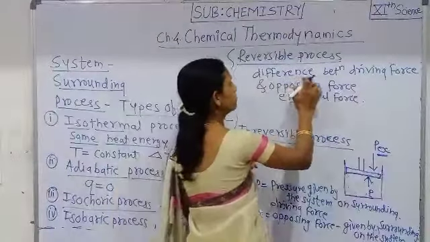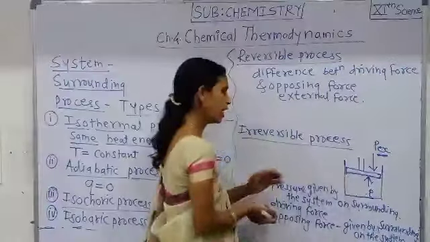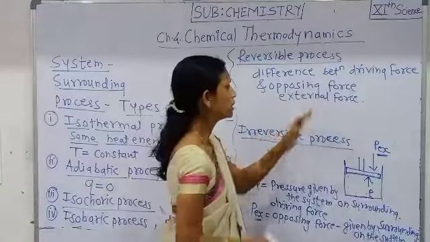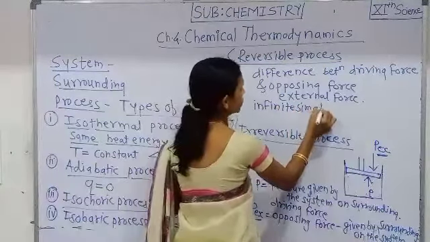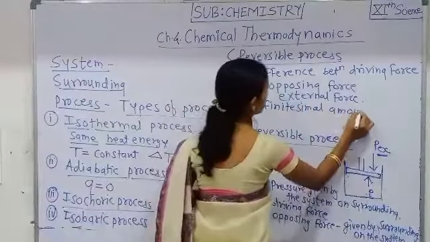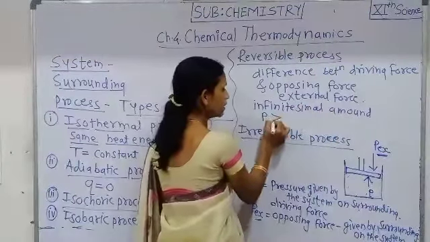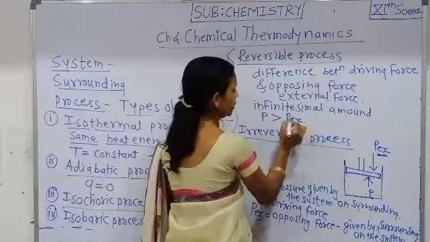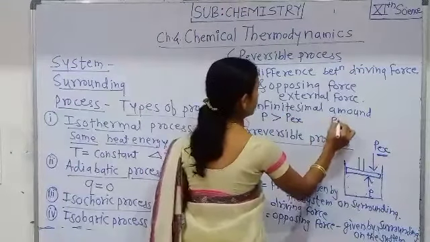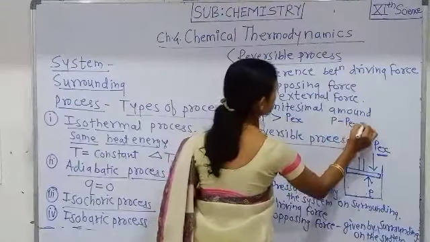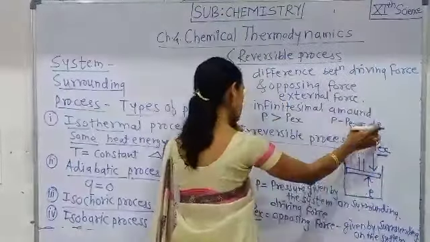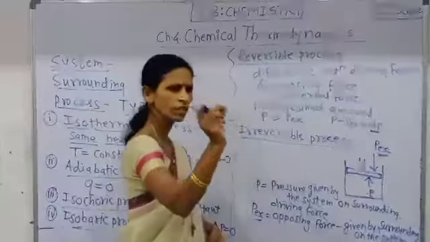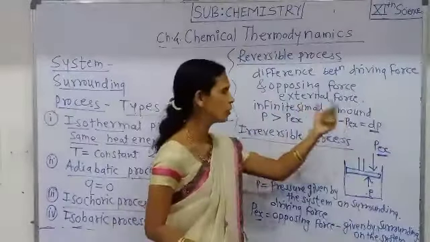When the difference between driving force and opposing force is an infinitesimal amount, that means if P is greater than PEX, then P minus PEX is dP, the difference between those two forces is very small, that is an infinitesimal amount.